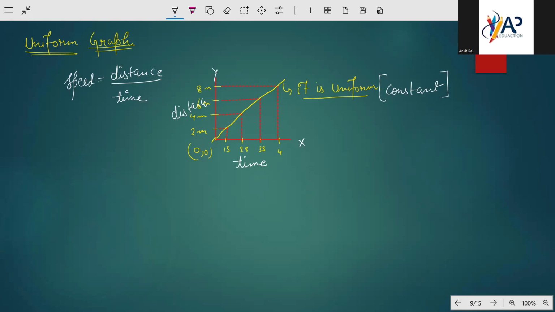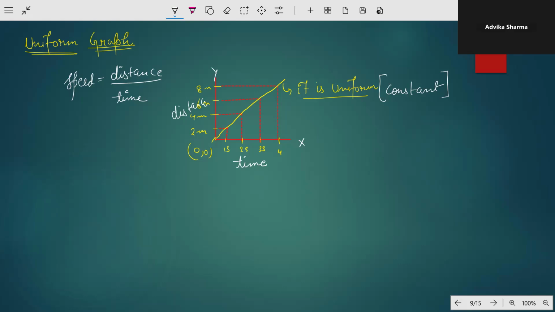We can say uniform or constant means it doesn't change in variation. Suppose an object covers 2 meters in 1 second, then in another 1 second it does not become 5 meters, because 5 minus 2 is 3. Every second, the change in the object's distance is constant. That's why we say this is uniform or constant.